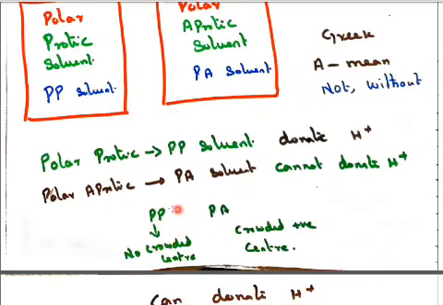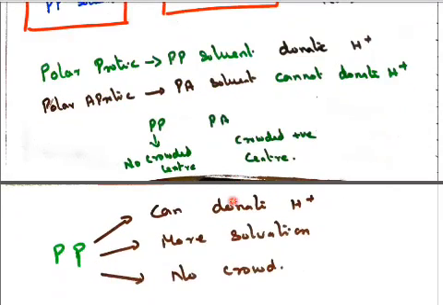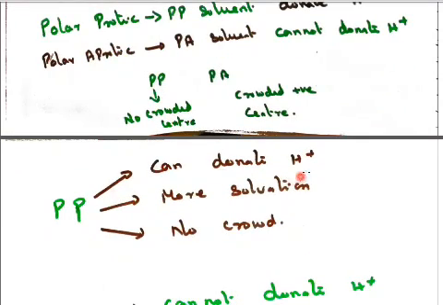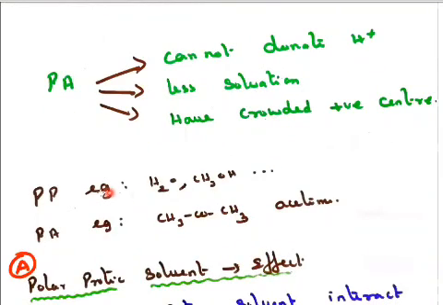So there is no crowded center in a polar protic, but there is a crowded center in a polar aprotic. What is crowded? Let us see. Polar protic can donate H plus, more solvation, no crowding. But polar aprotic cannot donate H plus, less solvation, and has a crowded positive center. For example, polar protic: water, methyl alcohol.